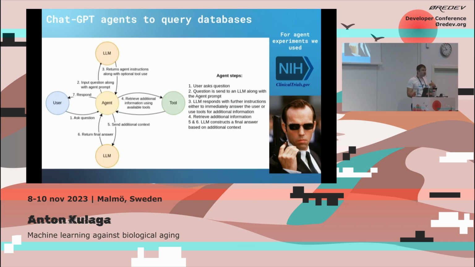Also, we started using not only RAG but also agents. So what is an agent? An agent is a way to use large language models to interact with different tools and data. Now ChatGPT also uses agents to browse the web, for example.